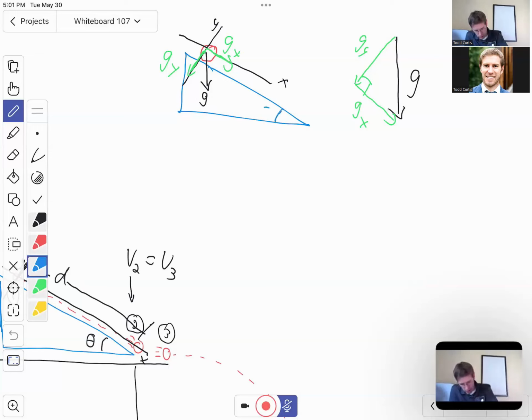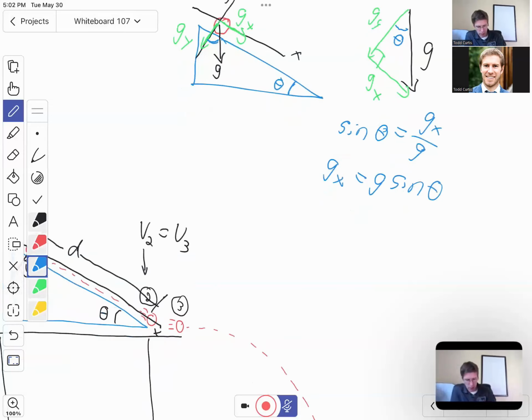But again, if this ramp has an angle theta, then since we rotated our axes by theta degrees, we would find that this angle here is also theta. And so therefore, since we know sine of the angle theta is equal to the opposite over the hypotenuse, then GX is just going to be equal to G times the sine of the angle theta. So that's where that comes from.